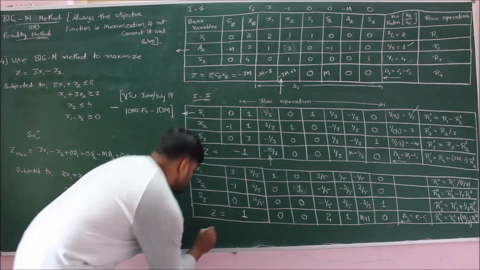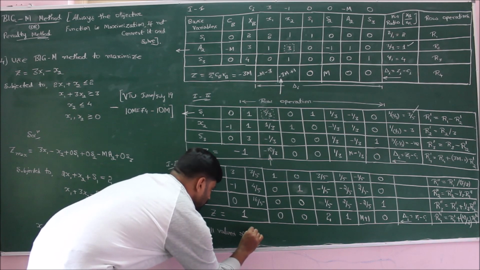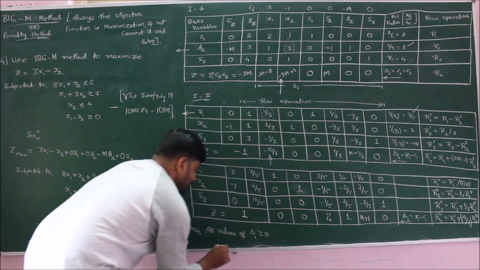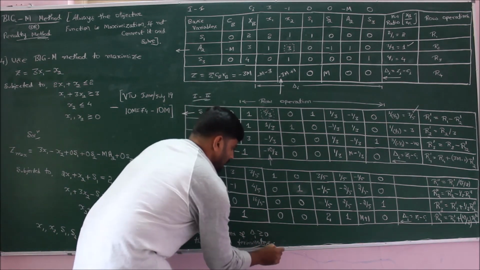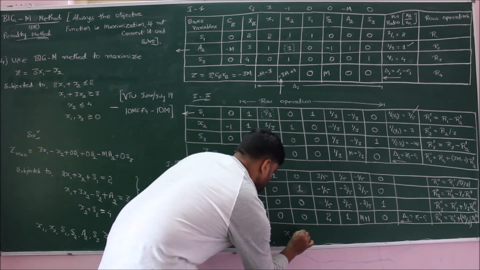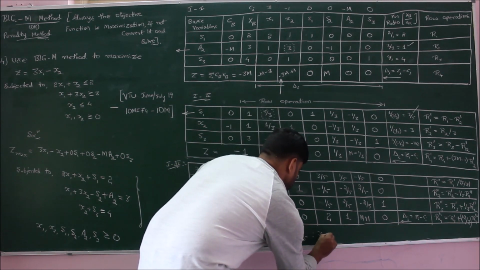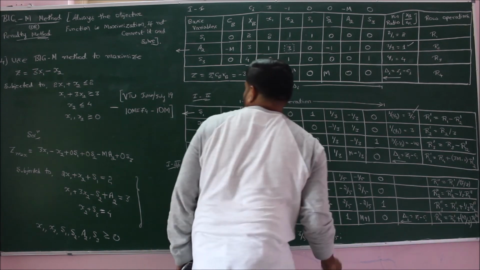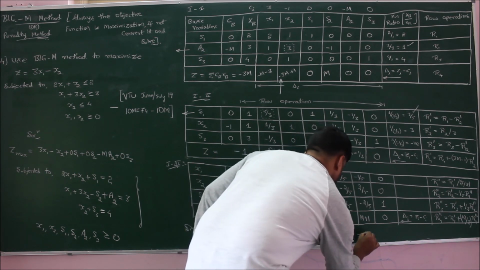So therefore, since all values of delta I are positive, the problem terminates. The problem terminates, and the answer what we got are x1 is equal to 3 by 5 and x2 is equal to 4 by 5, and finally the value of z is 1.